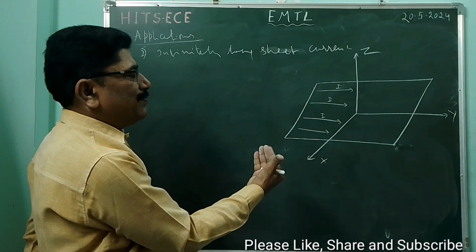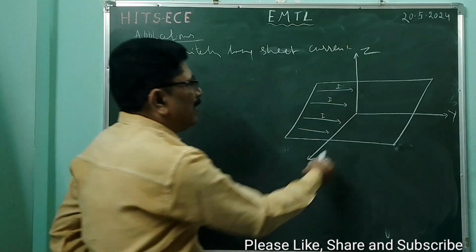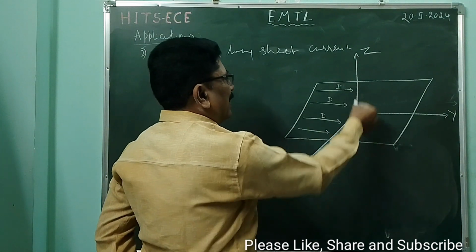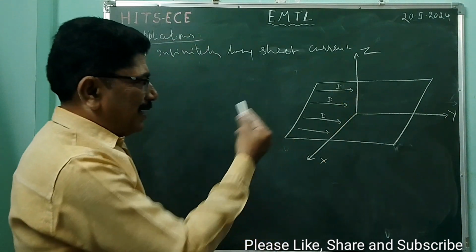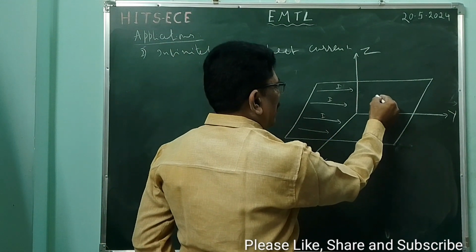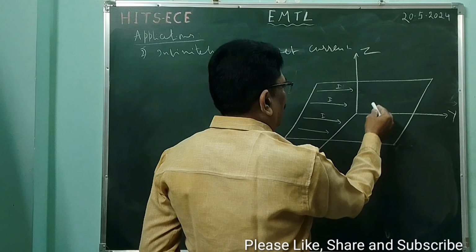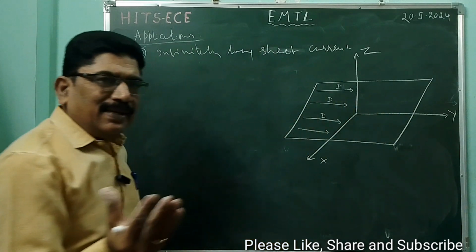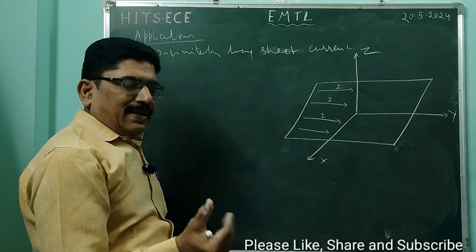The circle formed by these magnetic field lines will be perpendicular to this current I. That means it encloses the current I. So I will show it by a rectangular path. The path direction is shown by the right hand thumb rule.